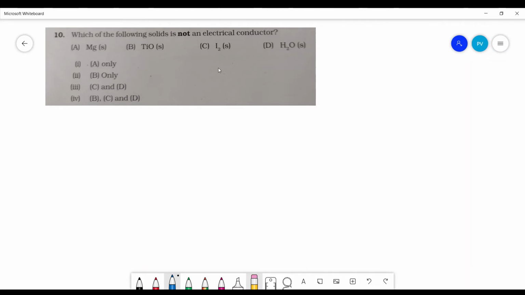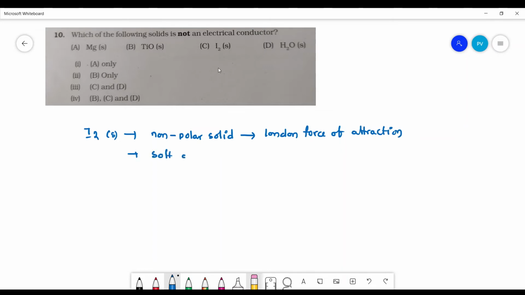As we have already seen, I2 solid is a non-polar solid held by London forces of attraction, and it is soft and a non-conductor of electricity.